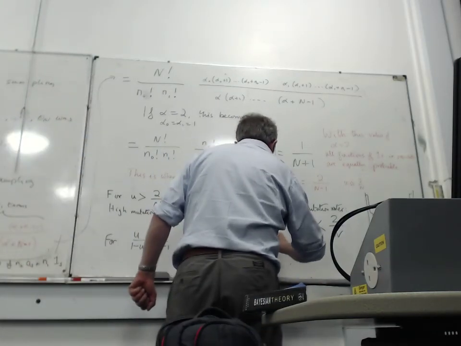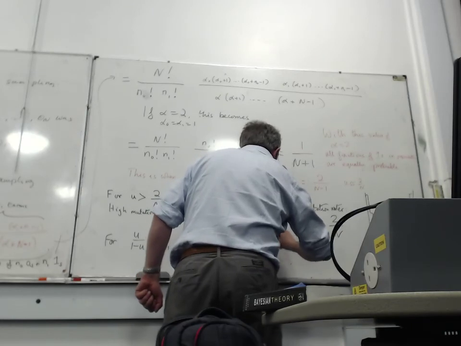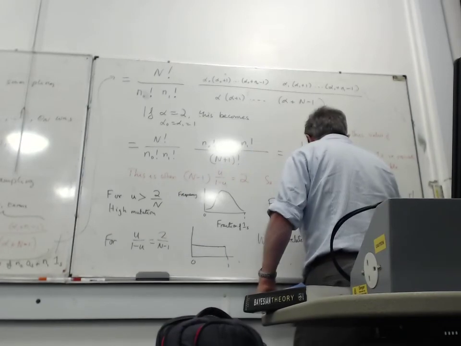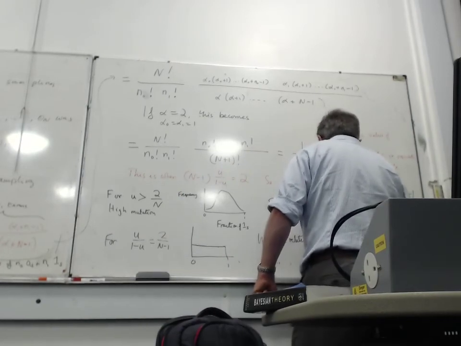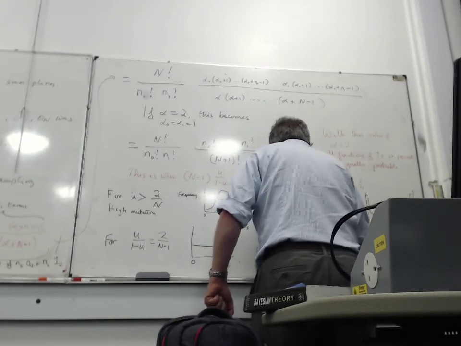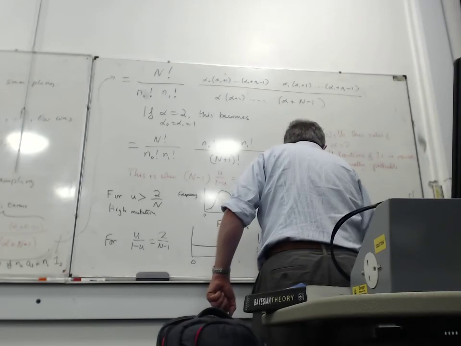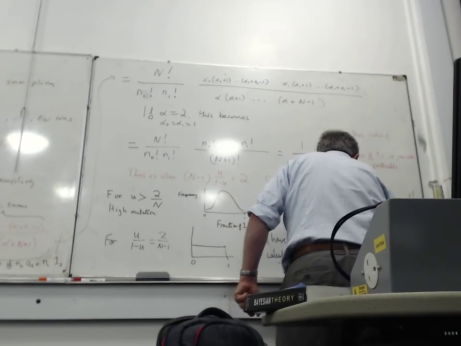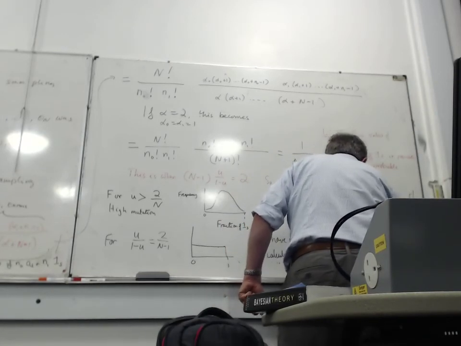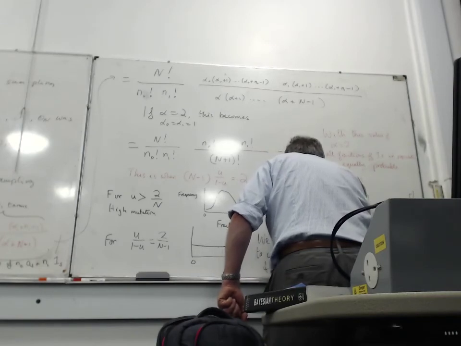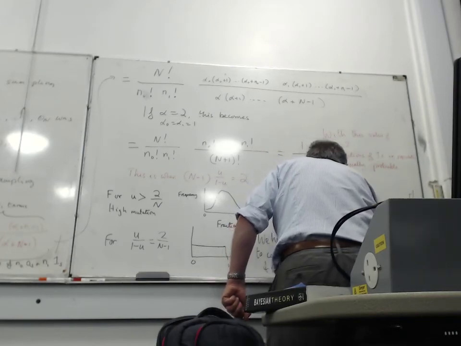So we have related n and u to calculate, if you like, the prior probability distribution of the fraction of ones in a column.